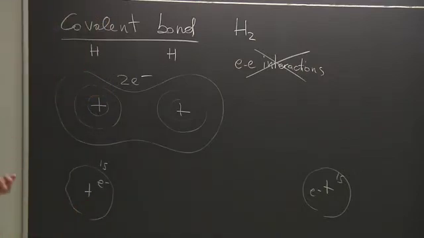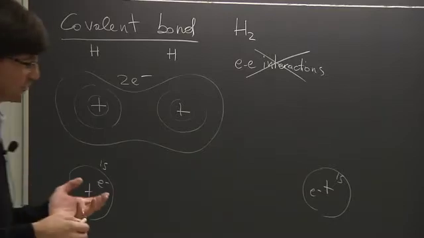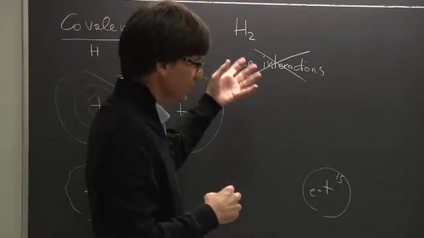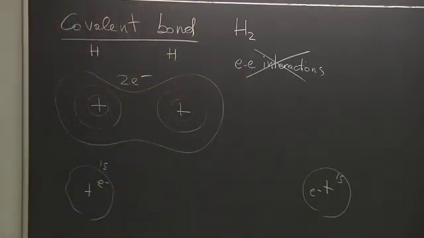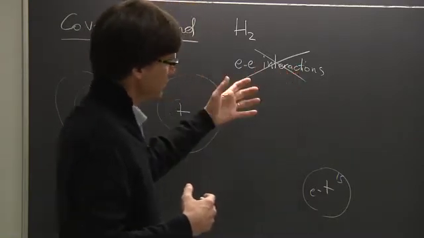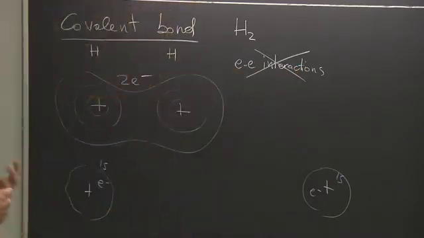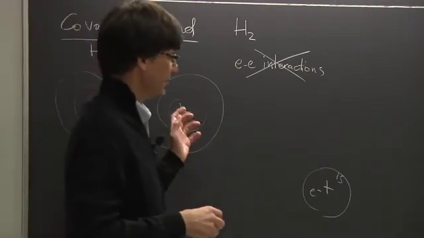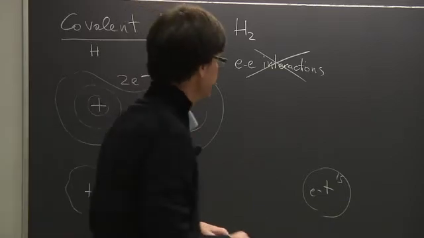Not because they don't exist, but because that would make my theory very complicated. And as we discussed yesterday, as soon as we move into the many-body problem in quantum mechanics, the discussion becomes very complicated. So I'm not claiming that it's not there. I'm just claiming that our discussion will give qualitatively the same results if we neglect the electron-electron interaction, and it makes our life much, much simpler if we neglect it.